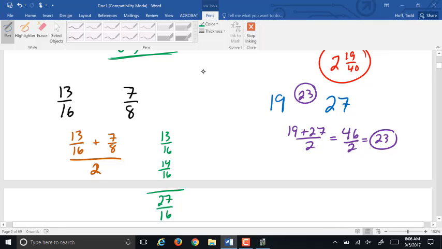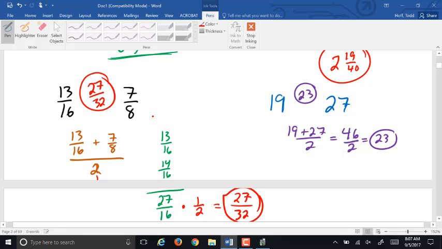Now dividing by 2 is going to be the same as multiplying by 1/2. We treat that as 2/1. We multiply by the reciprocal, which is 1/2. So 27 times 1 is 27. 16 times 2 is 32. So 27/32 is the size that is exactly in between them.